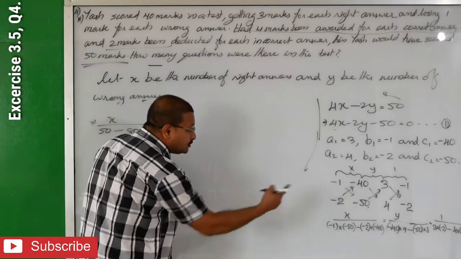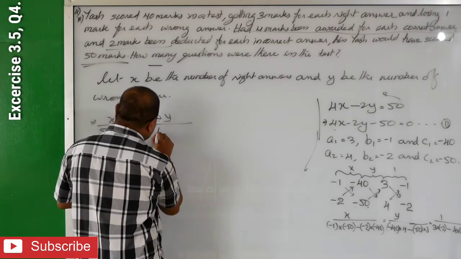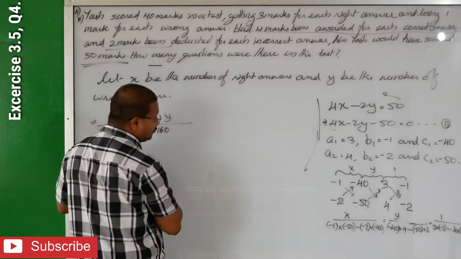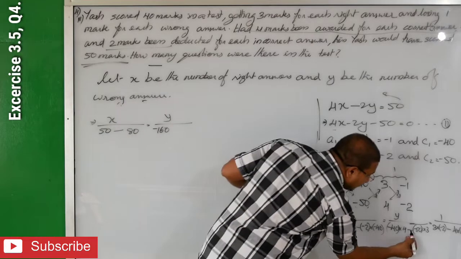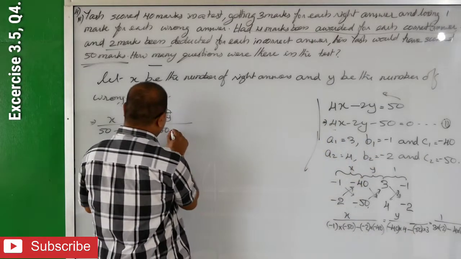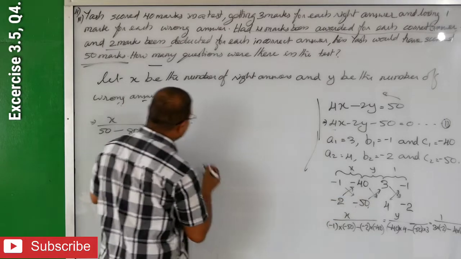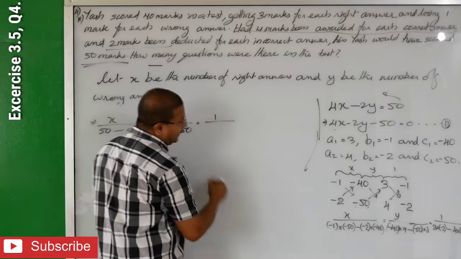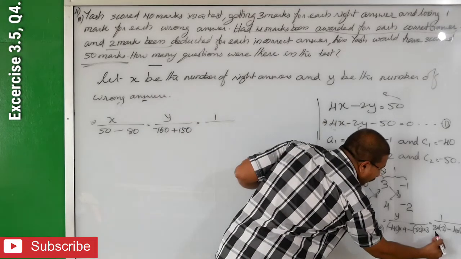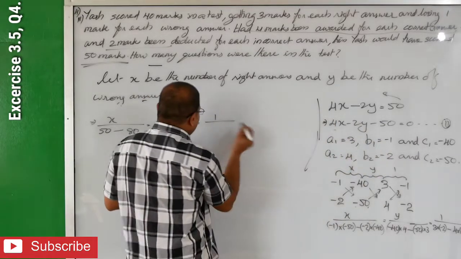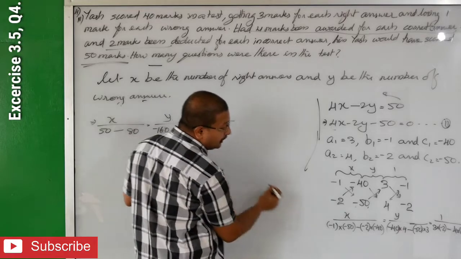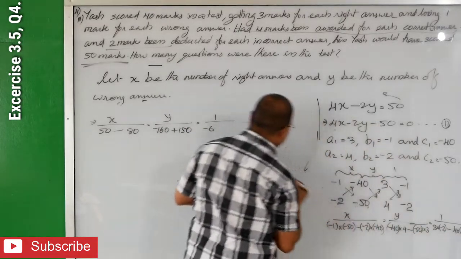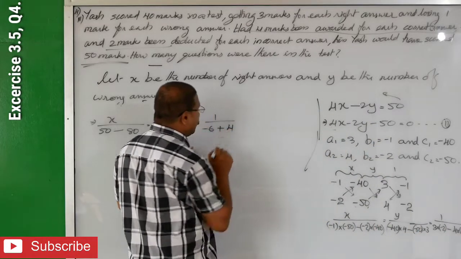That means 40 into 4 means 160. That is minus 160. After that, minus into minus plus 50 into 3, that is 150 equals 1 by this 2. 2 into 3 or 3 into 2, 6. But of course, minus 6. After that, minus into minus plus 4 into 1, 4.